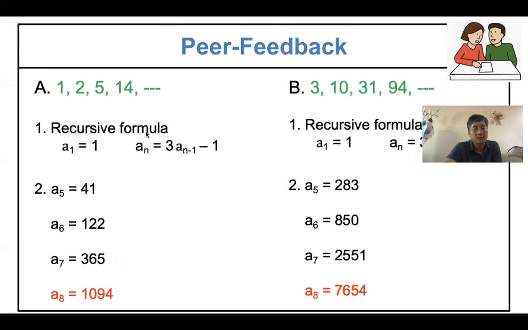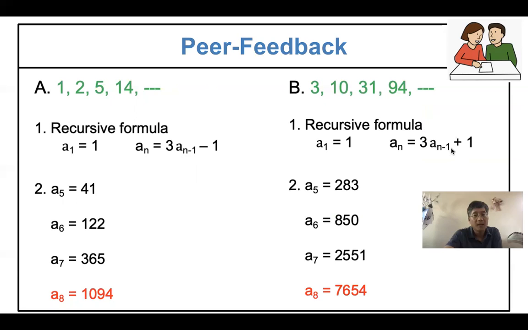Yes, first one, you multiply 3 times the previous one, right? And then subtract 1. You get it? Next one, this one is you multiply 3 times the previous one and plus 1.